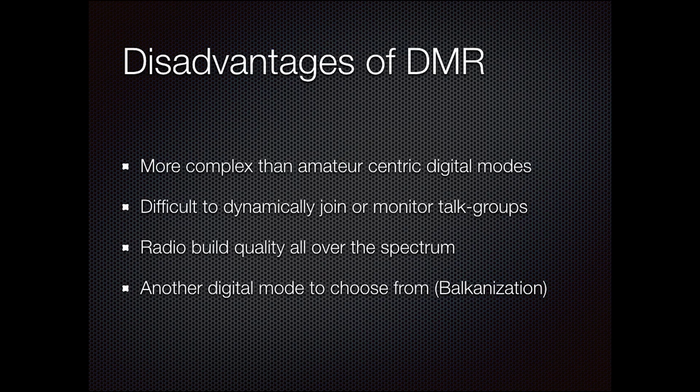Now, the second disadvantage is it's difficult to dynamically join or monitor talk groups. To get into a talk group, you're going to need to have that programmed into your radio. So say you've got a set of repeater channels, that repeater is going to have a different channel in your radio for each and every talk group that you want to interact with. So that same repeater is going to have a channel for the local talk group, one for maybe the statewide talk group, the regional talk group, maybe the local 2 talk group, et cetera, et cetera.